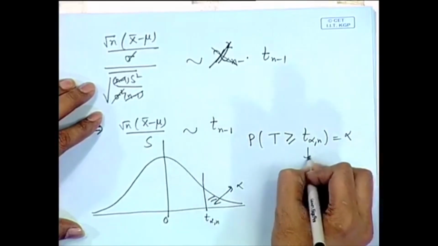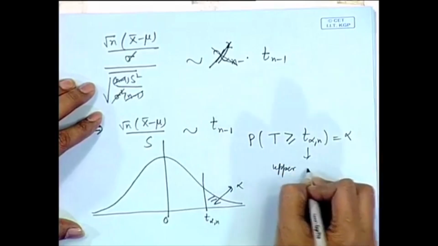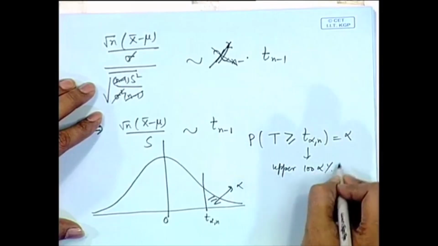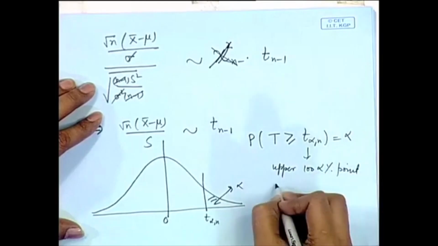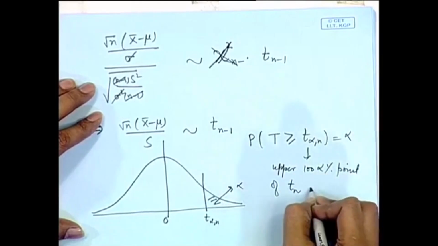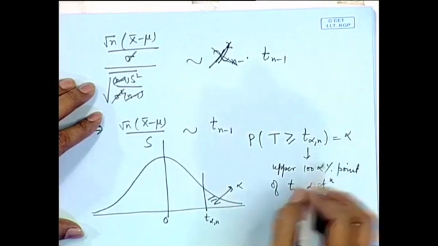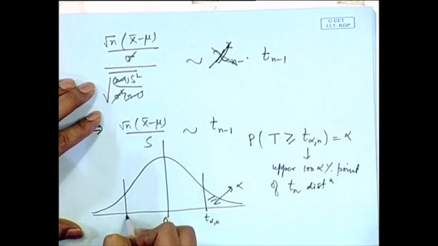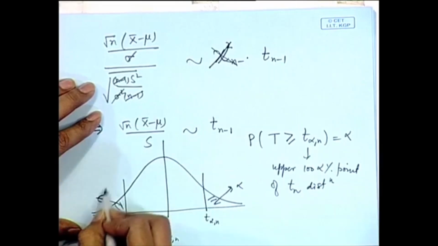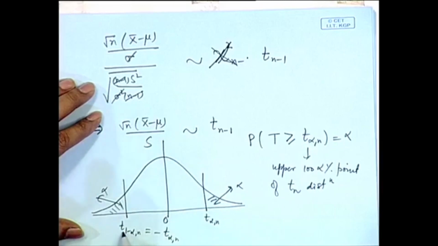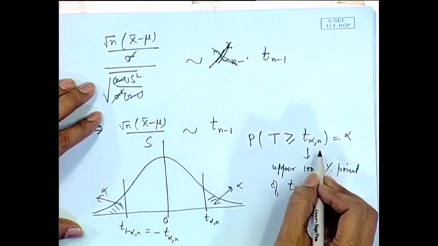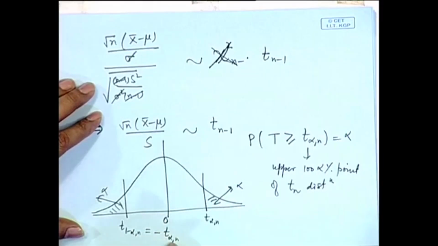That means, t alpha n is the upper 100 alpha percent point of t distribution on n degrees of freedom. Because of the symmetry, t 1 minus alpha n will be equal to minus t alpha n.